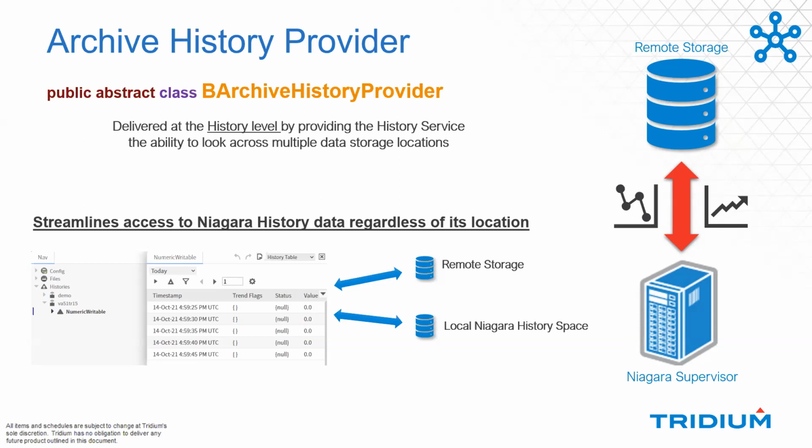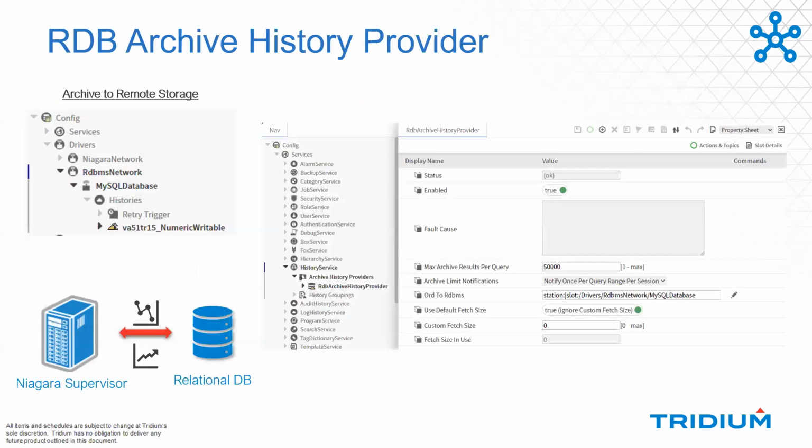And while I mentioned this was targeted more towards the developer community, because this is an abstract class, you're not actually going to have the archive history provider component. You're going to take that abstract class and implement it by creating a component to let the history space know this is where you will find additional Niagara history.